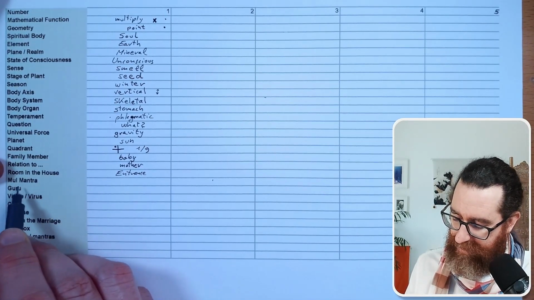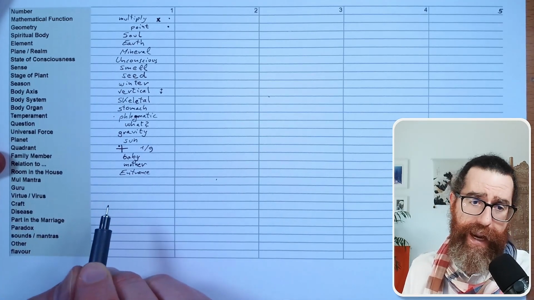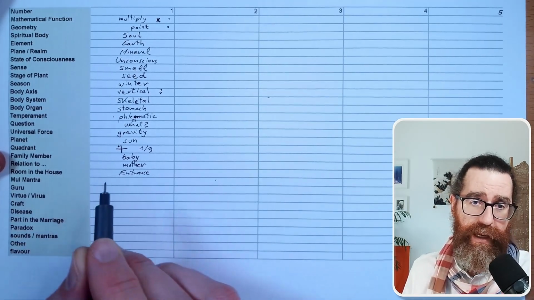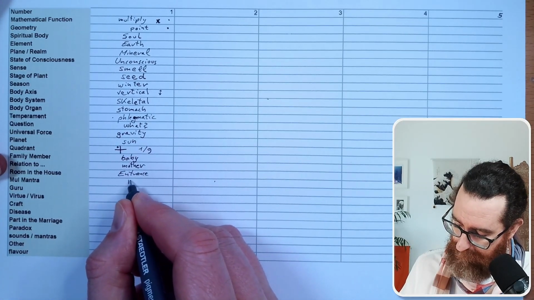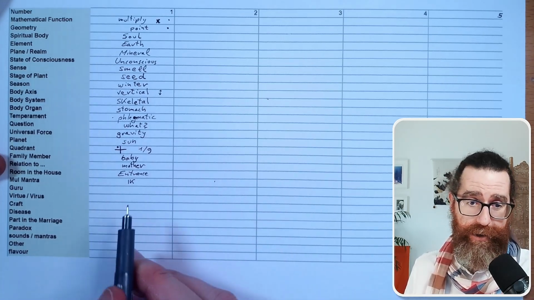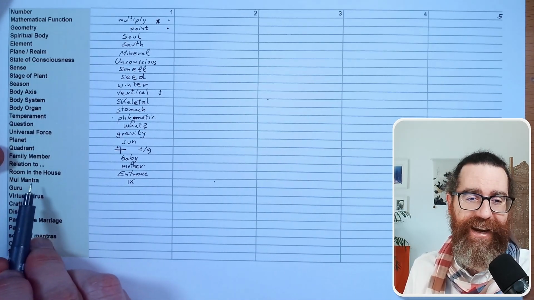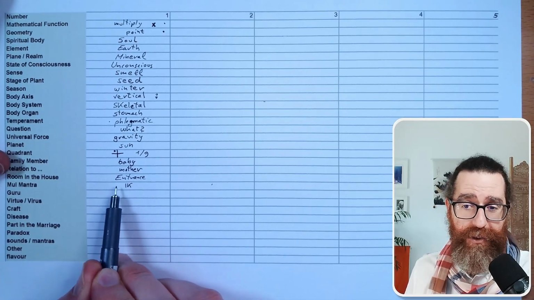When it says Mulmantra, it asks which of the particles of the elements within the Mulmantra is the 1? Well, that's also easy. It's Ek. And we have a whole course on the Mulmantra here in the channel. We dedicated 1 whole hour to talk about Ek.